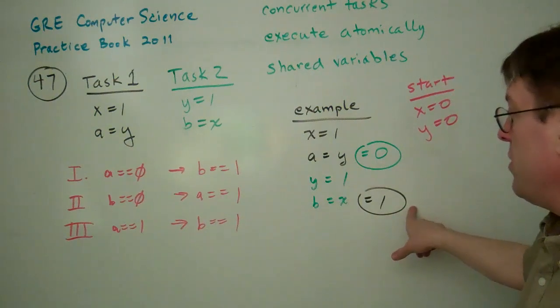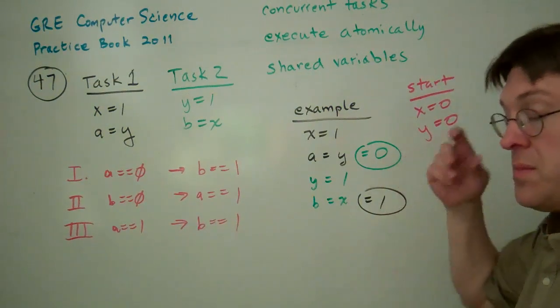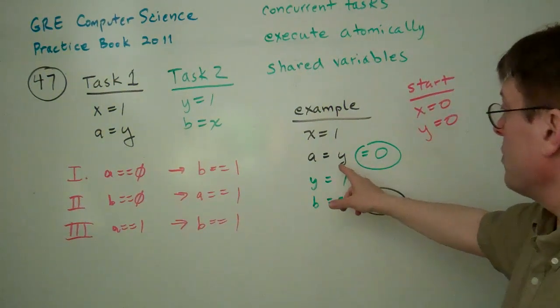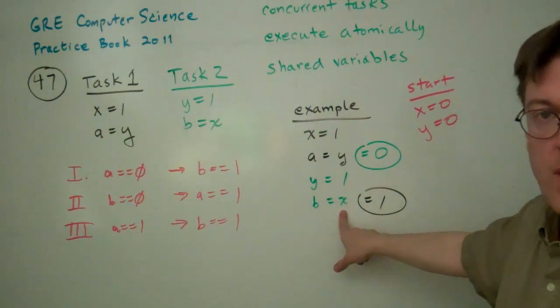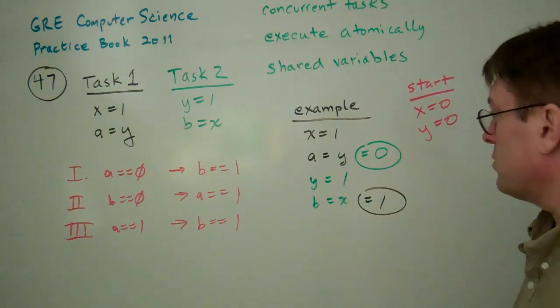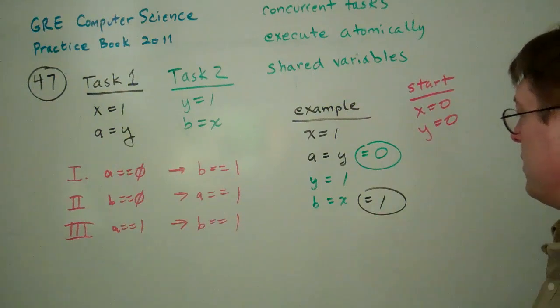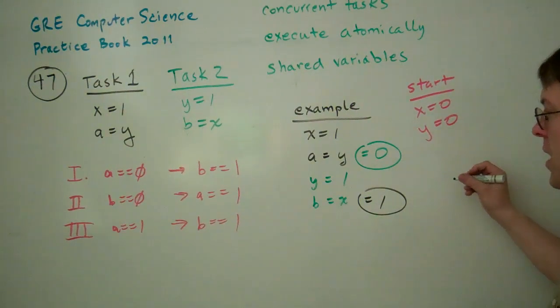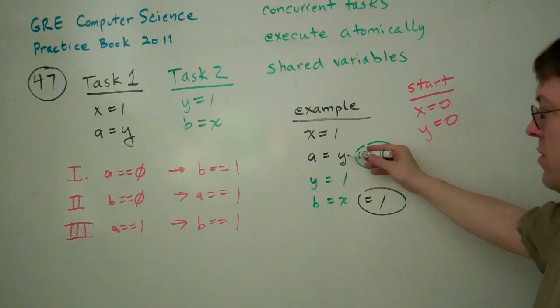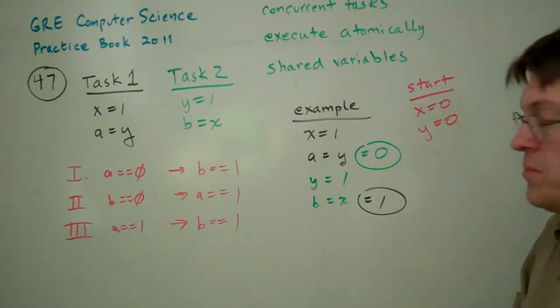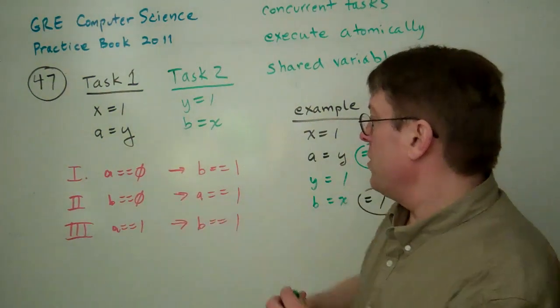And if that's true, then b has to be 1 because b is assigned from x. There's no way to make it so that a is 0 and b is not 1. So this one's true.